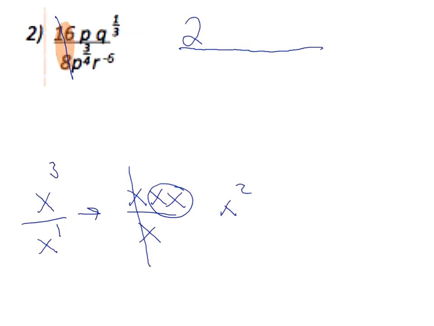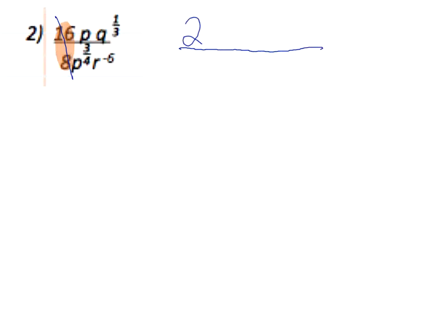So let me hide all this, make some room for myself. How am I going to do my top p minus my bottom p? My top p doesn't have a number, so I can add a 1 in there. Would everyone agree with that? Okay, so down here, let's write that we're working on my p's right now. So my top p is 1 minus my bottom p. What's the bottom p? 3/4.